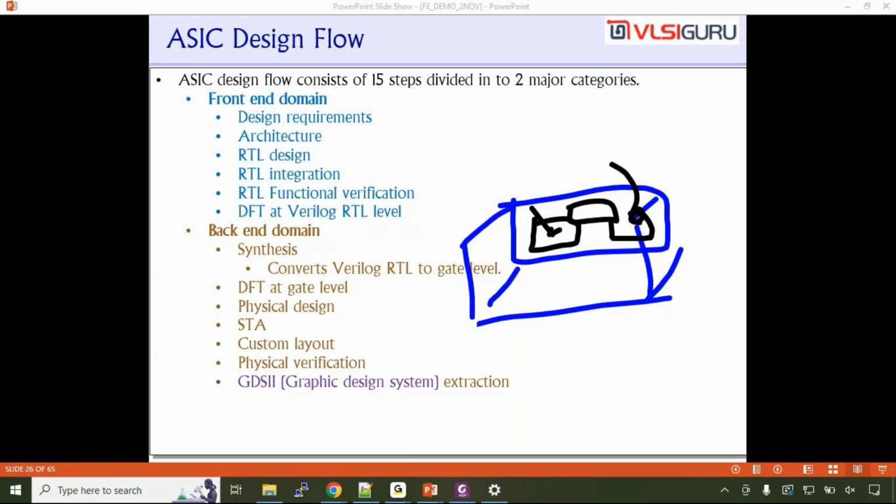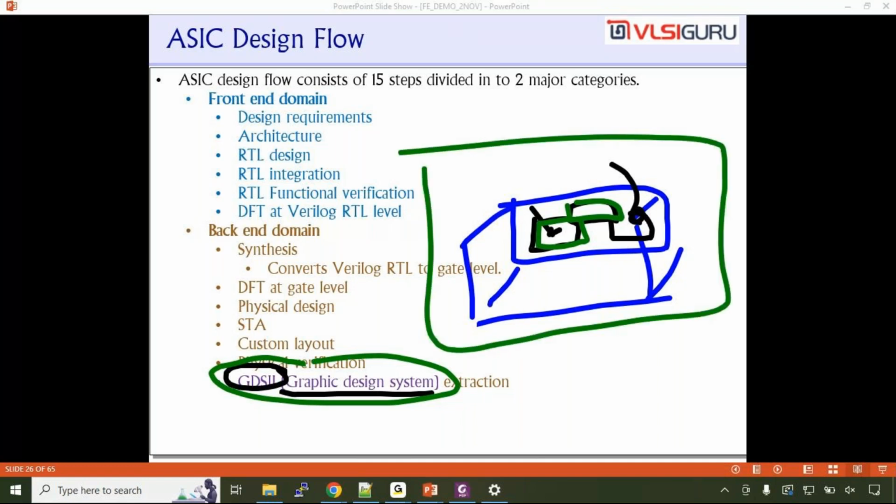So this GDS2 file, graphic design system file, will tell where exactly to do the etching, where to deposit the metal, how much doping to do. That information it will tell for each and every point in the chip. Then when you give this file to a foundry, TSMC, various foundries are there, they will follow this information and manufacture this chip.